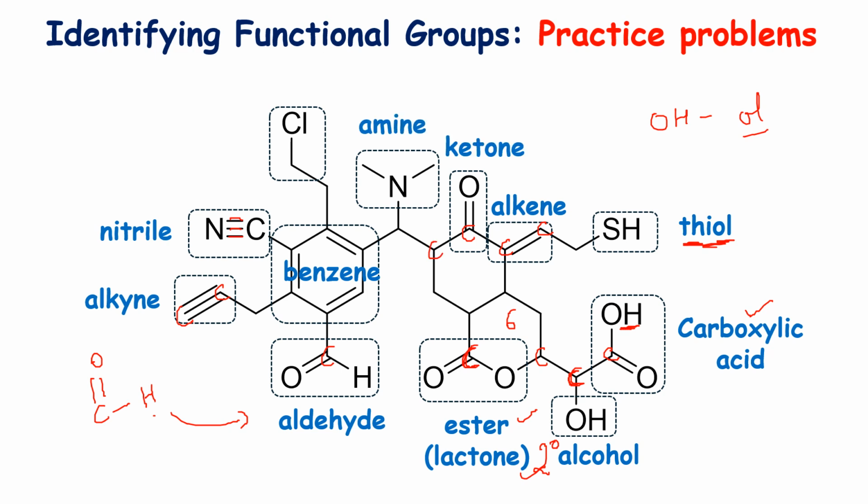Nitrogen is amine. Nitrogen directly attached to 3 carbon, making it tertiary amine. Then we have a carbon holding Cl, so it's an alkyl halide, but carbon holding Cl is attached to 1 carbon. Its first neighbor is 1 carbon, so this is an example of primary alkyl halide.